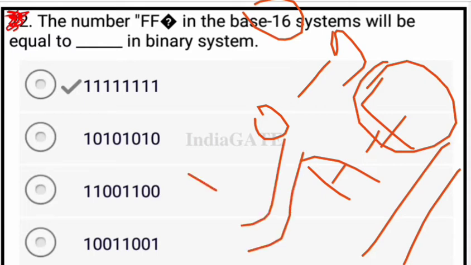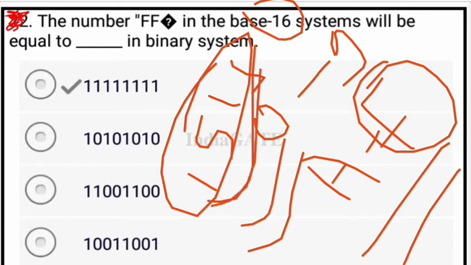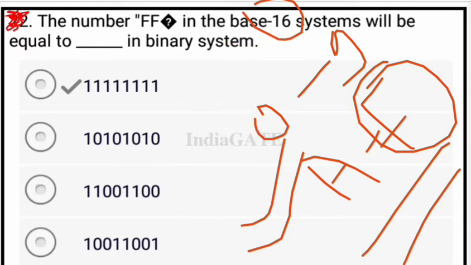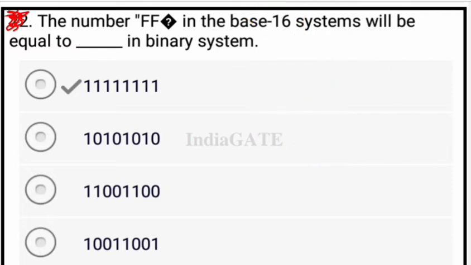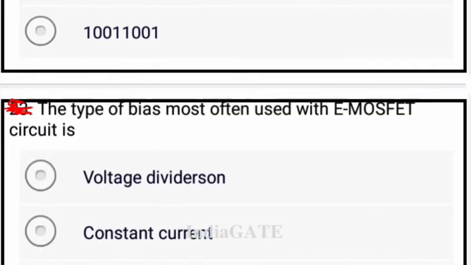F represents 15. So 15 and 15, it is representing like what? So the first option is your correct answer. Okay, now come to the next question.